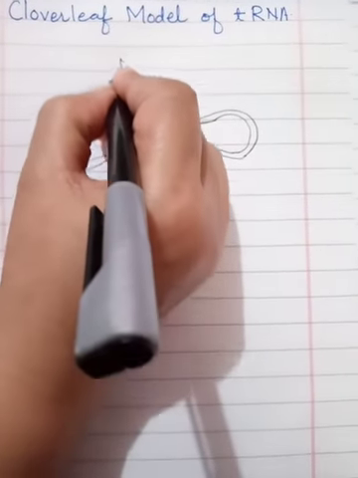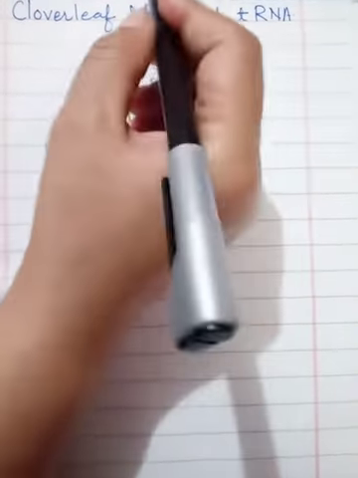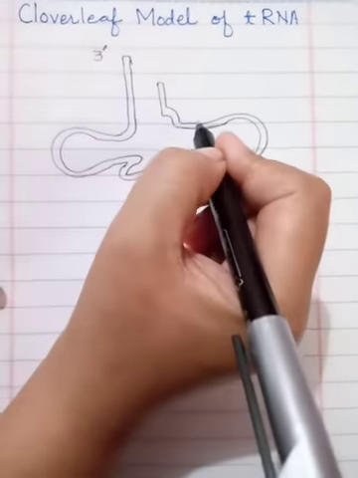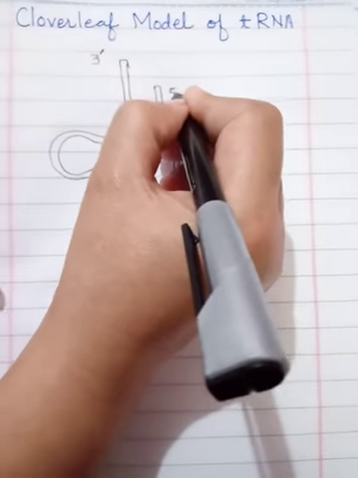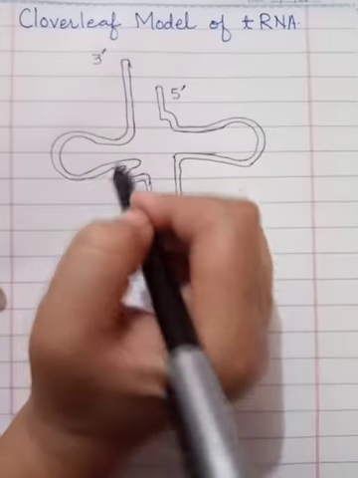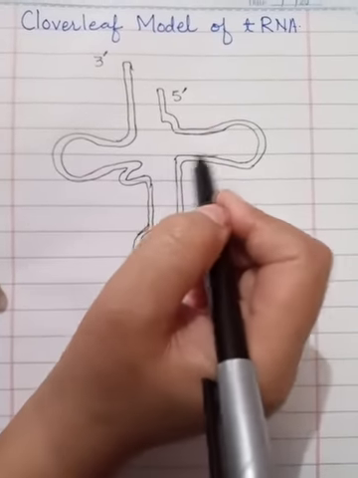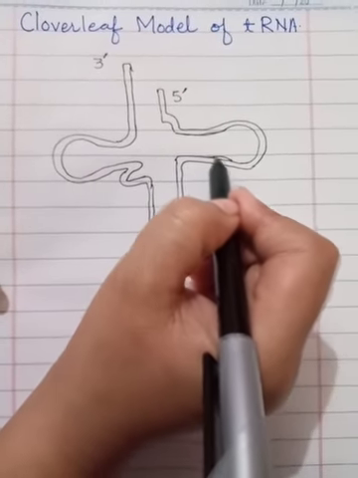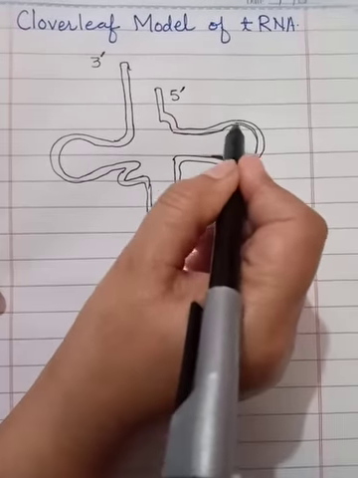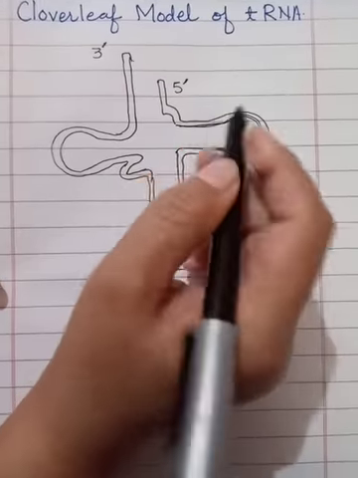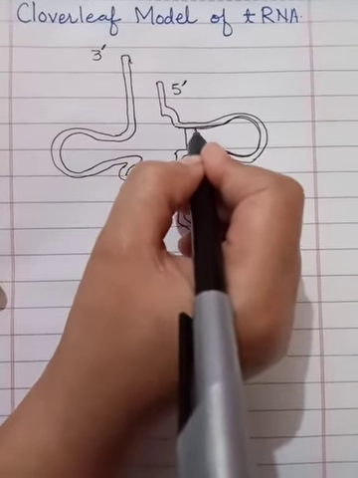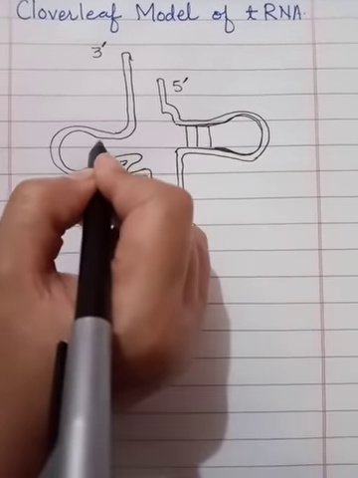So students, this is the 3' side of the transfer RNA and this is the 5' of the transfer RNA. Like any RNA molecule, it is also single-stranded, but at some places the single strand forms hydrogen bonds between the sides which are parallel to each other.